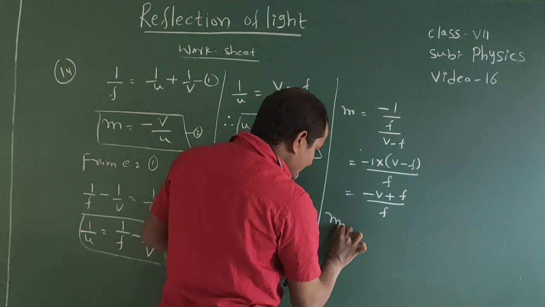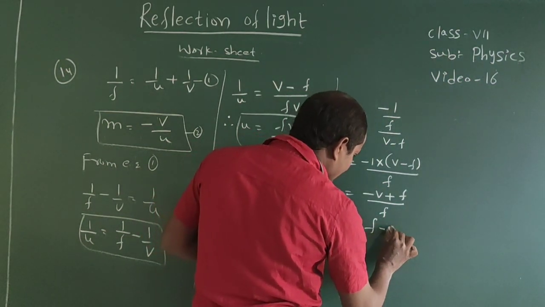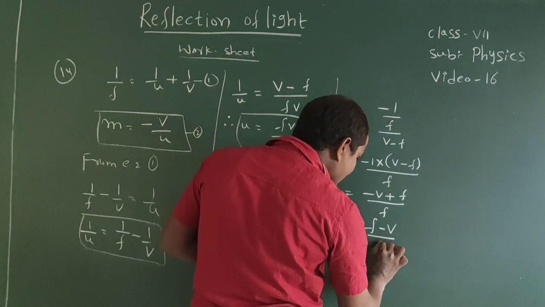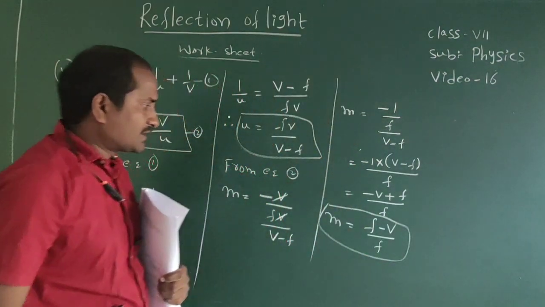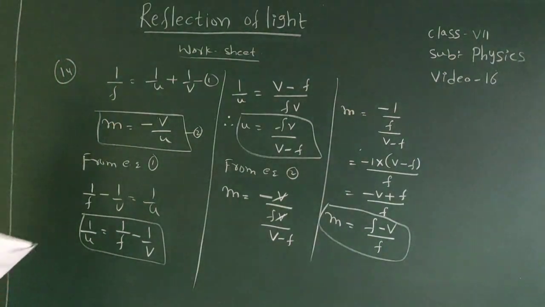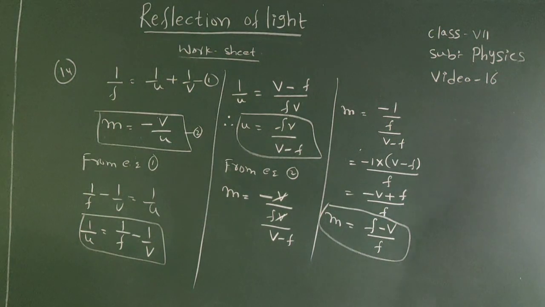Therefore m equal to f minus v by f. It is the relation between focal length, magnification and image distance.